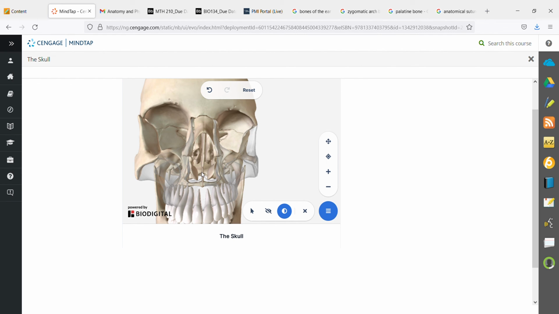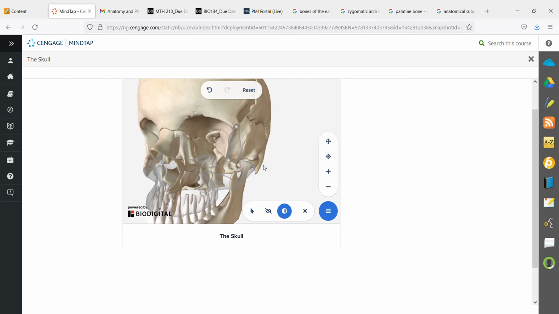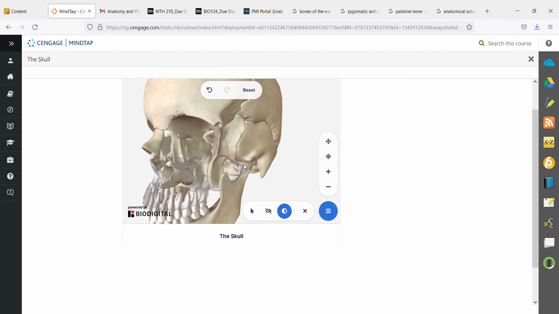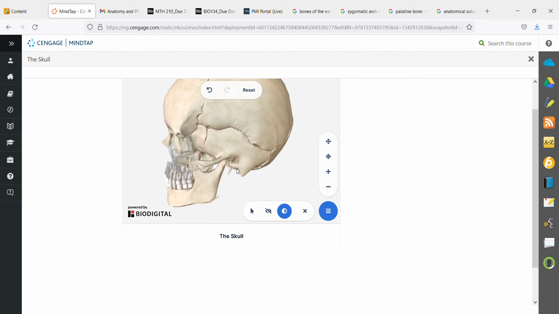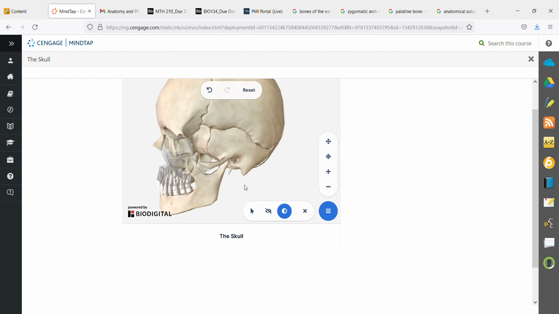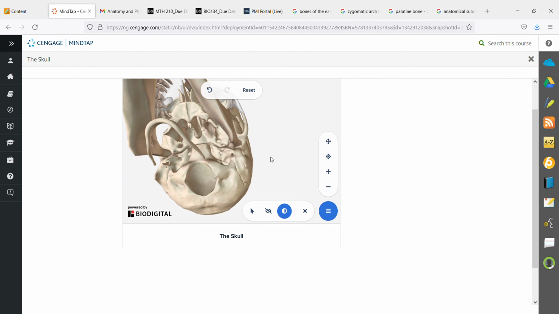Also, what we have is the palatine bone, and that is the one that makes up the bottom side of our mouth right here.